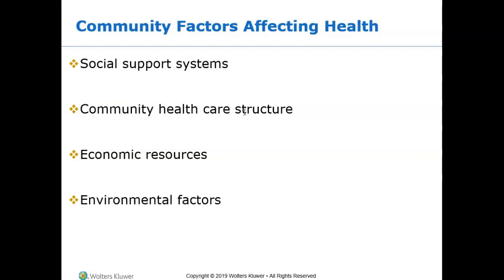Here are some other examples of community factors that affect health. You have the available healthcare institutions and services. Maybe you live in a rural area where you have to drive 4 hours away to get healthcare. I don't know of too many places where that's still a fact, but it is still a fact.